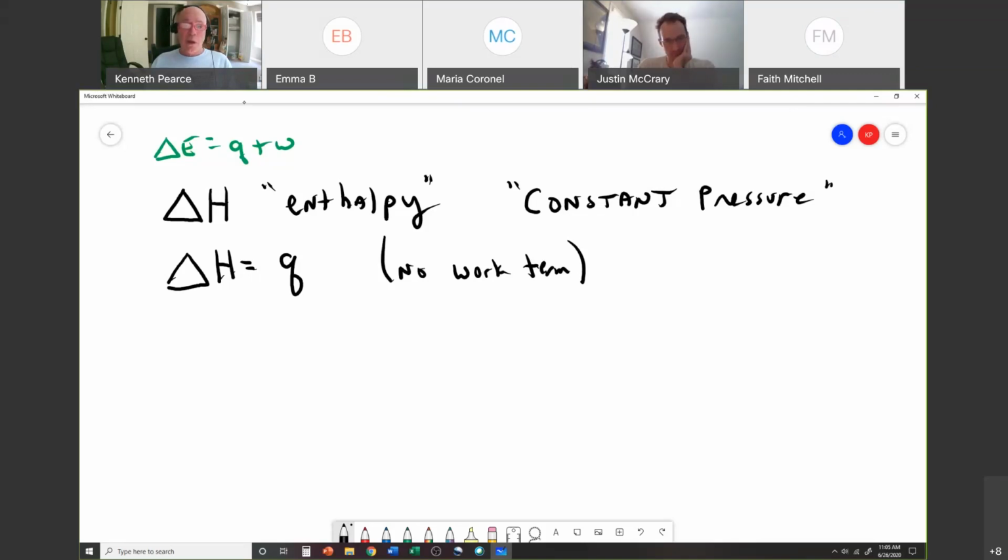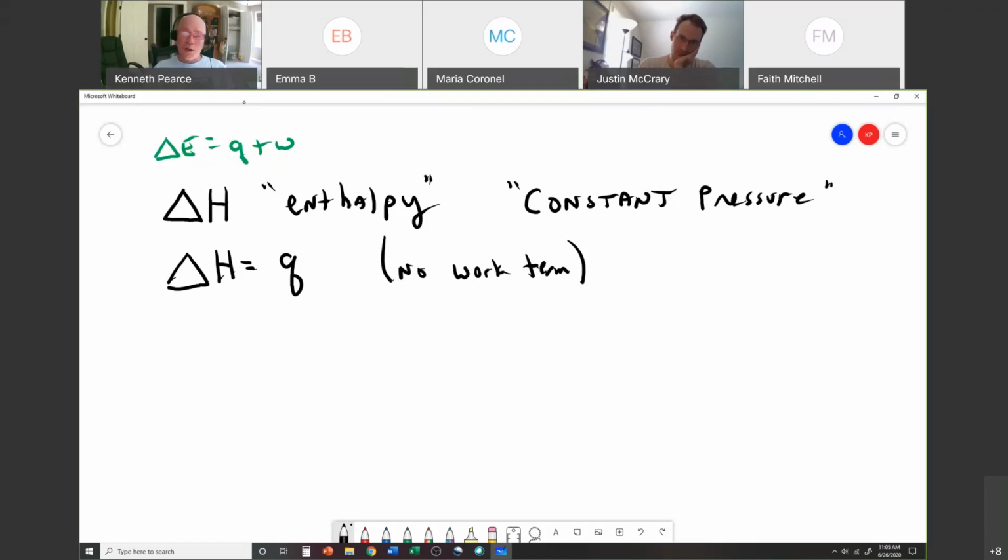This is very easy to do. And it actually turns out that even if you do a reaction at something that's not constant pressure, let's say in a sealed container where the pressure can change, the correction is usually so small that no one cares anyway. So by having something called delta H, or the enthalpy, we actually simplify and make our lives a whole lot easier.